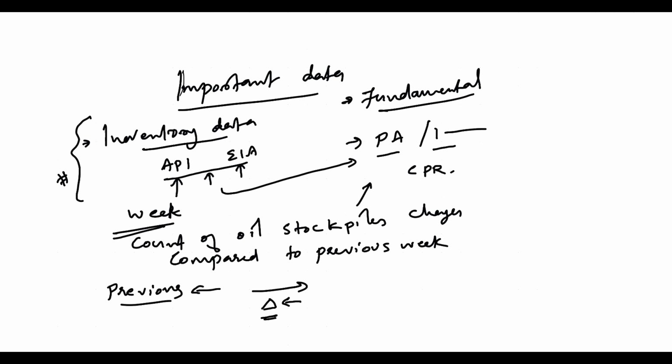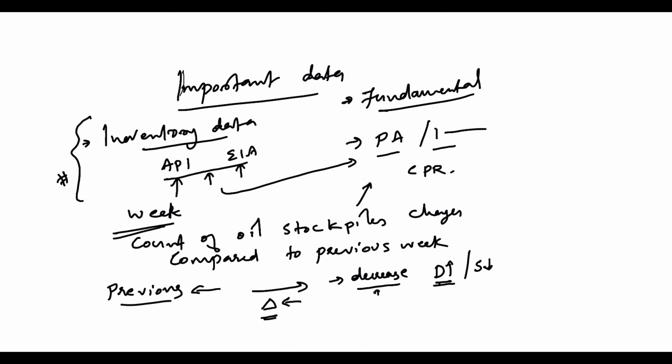Okay, now what you can understand if this is lesser, or if there's a decrease from the previous week. What does that mean? The stock comes down, which means demand is high. Okay, demand is high. That's why the stock is coming down. So if this is decreasing compared to the previous week, demand is high, or it also indicates less supply.